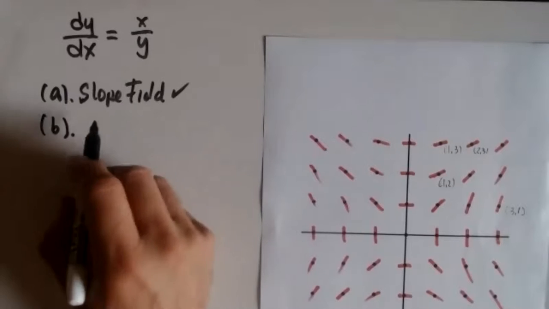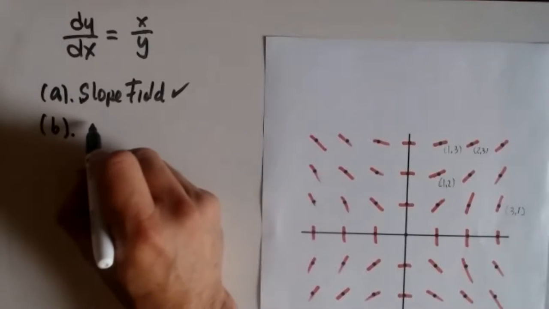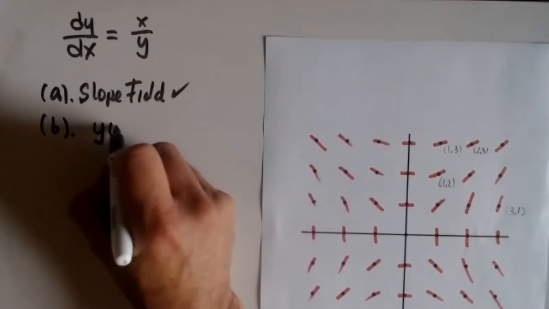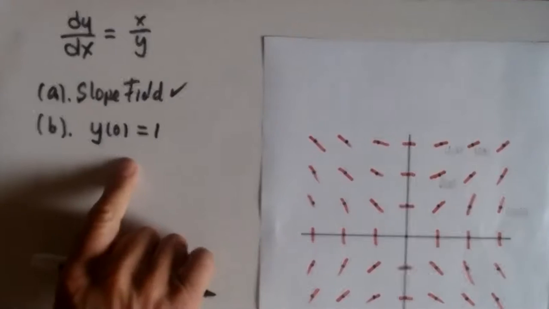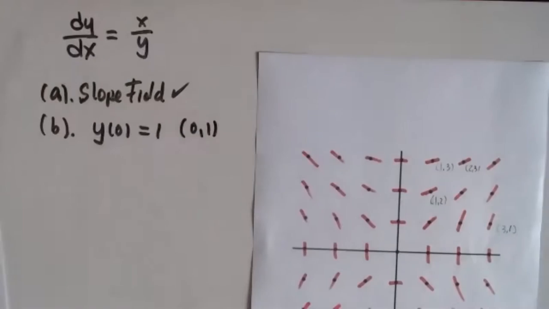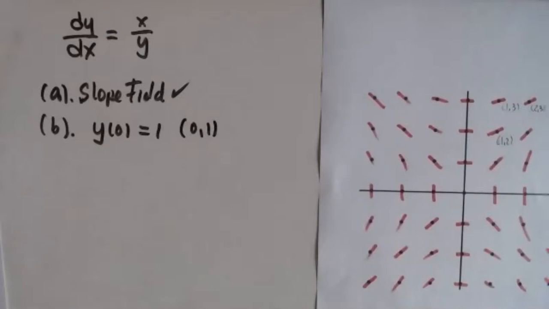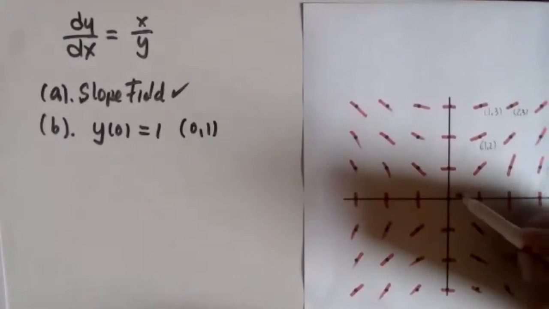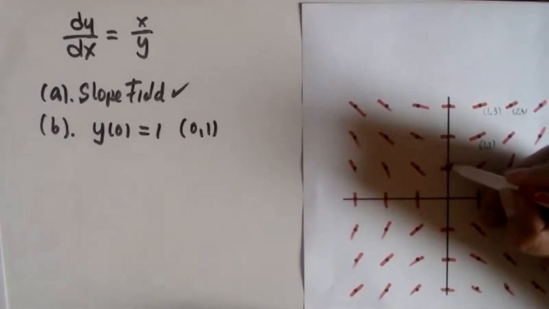Okay. Now, the slope field has a solution with y(0) = 1. So this is the solution I want. It's at the point (0, 1), right? Well, that's not difficult. (0, 1) is right here.